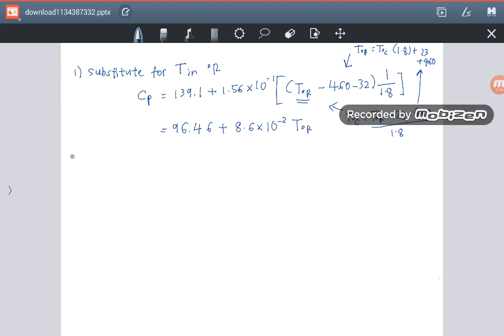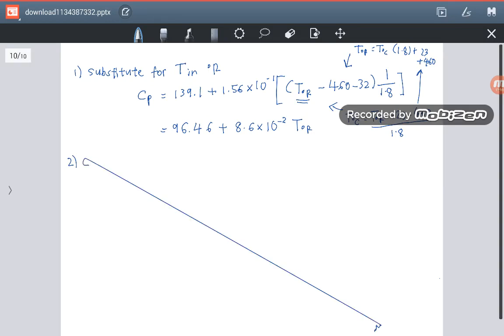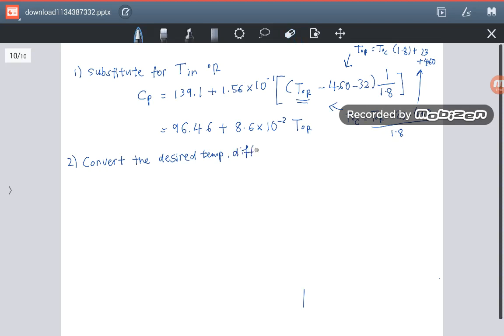Okay, then after that, the second step will be the temperature difference, and also some other units that need to be converted. Convert the desired temperature difference and other units as well.